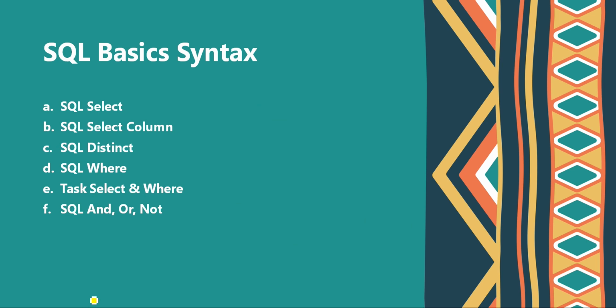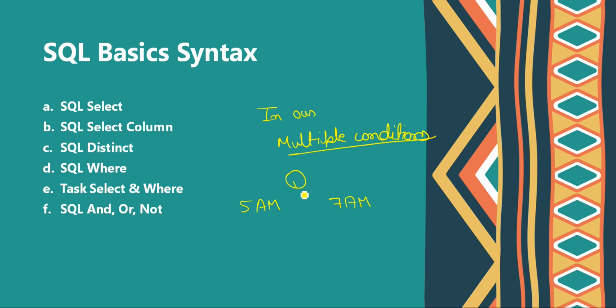What I'm trying to say is that in our day to day life we have multiple conditions to perform any task. Let's say in the morning I will naturally wake up at 5 a.m., but if I'm not feeling well, I will wake up at 7 a.m. So this is one condition.